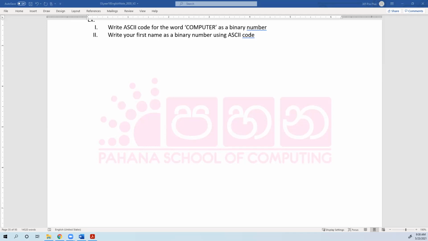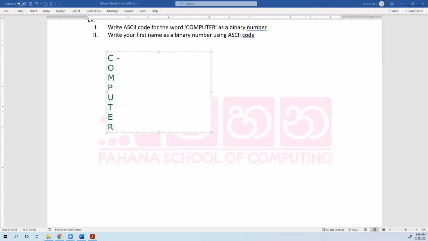So the first step is you have to look at each of the characters. So that means C, O, M, P, U, T, E, R. You have to represent each of these separately in binary.